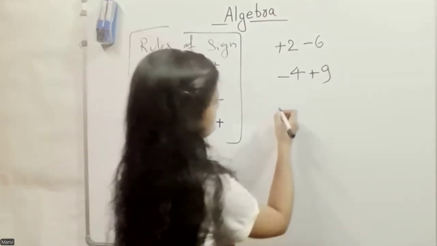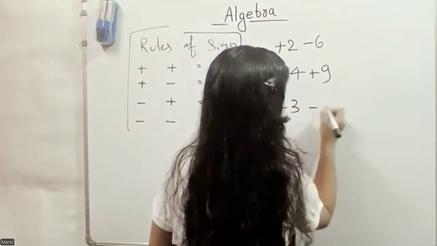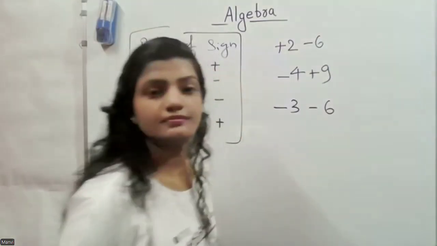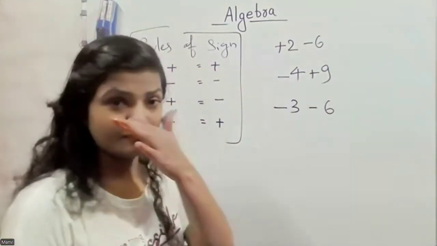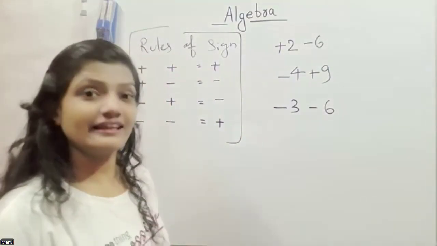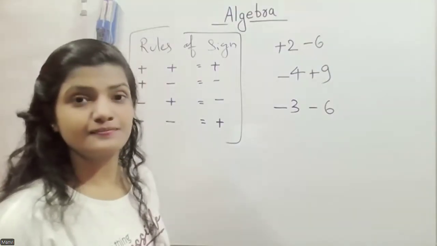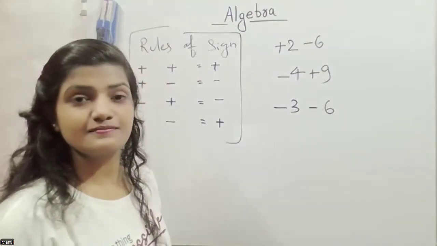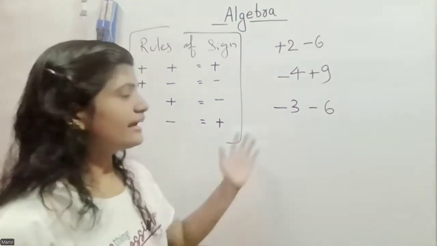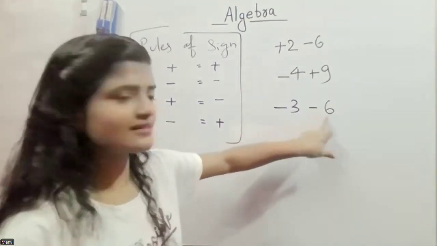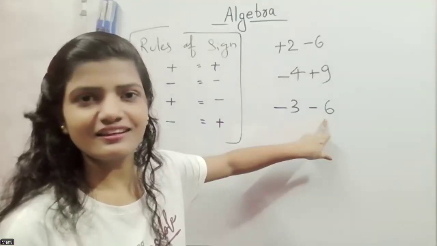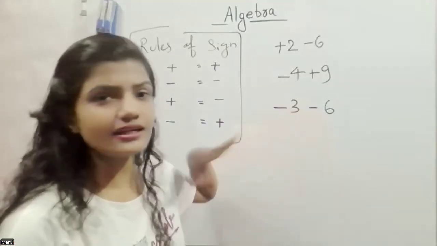But now when the signs are the same, you just add 3 and 6, which is 9, but you keep the same sign, like minus 9. Here also the bigger is in minus. We can apply this logic every way.